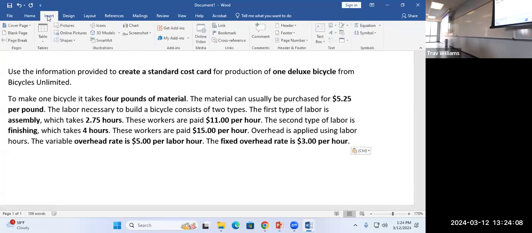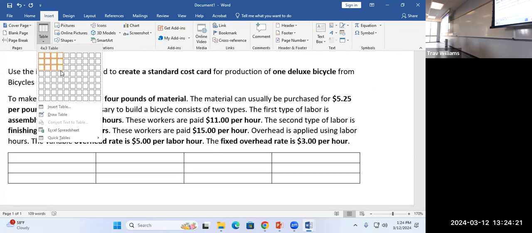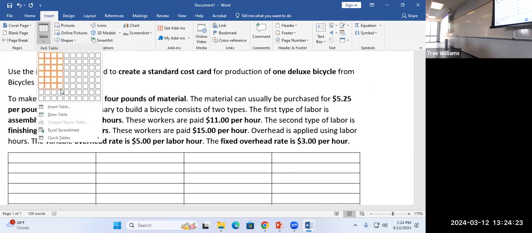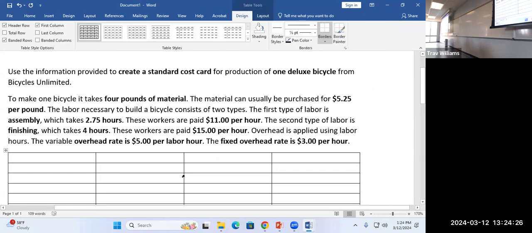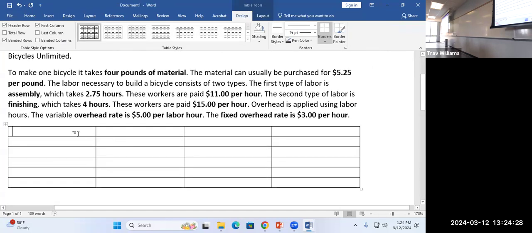And let's see, probably a table would be useful. I think we need 4 columns, a whole bunch of rows. Make a table, I like that. We'll start with our direct material.